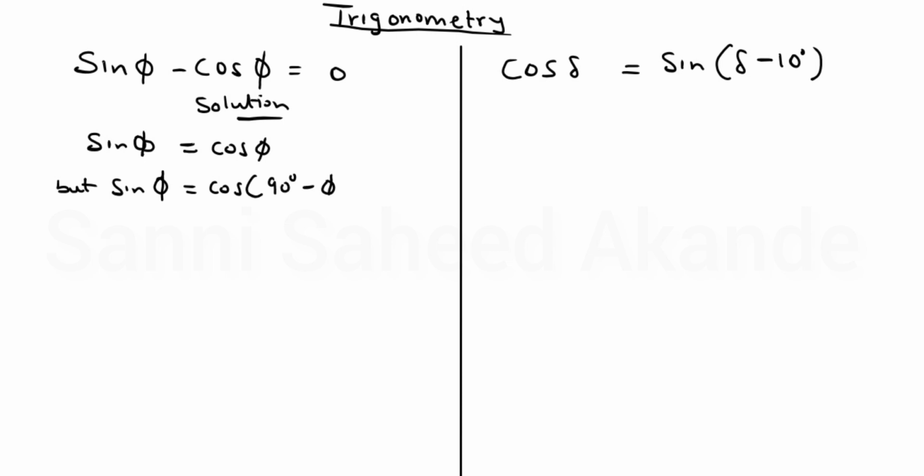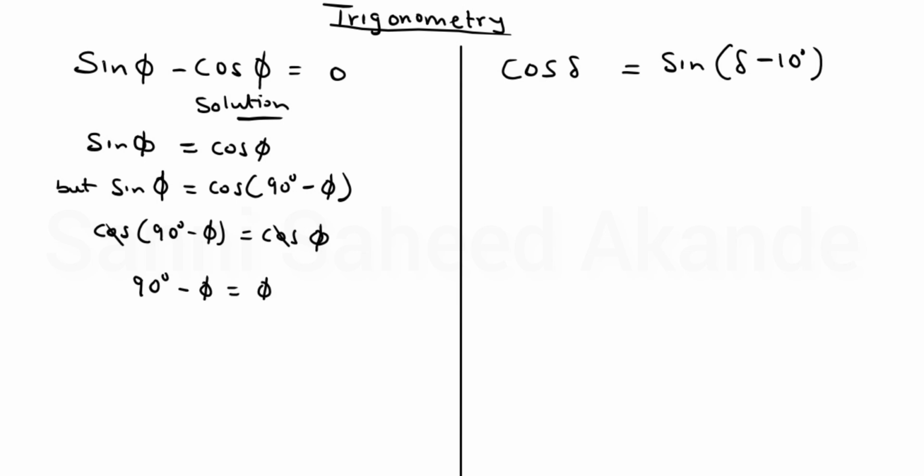Therefore we now have cos 90 degrees minus phi equal to cos phi. So cos cancels cos, and we are now left with 90 degrees minus phi equal to phi.